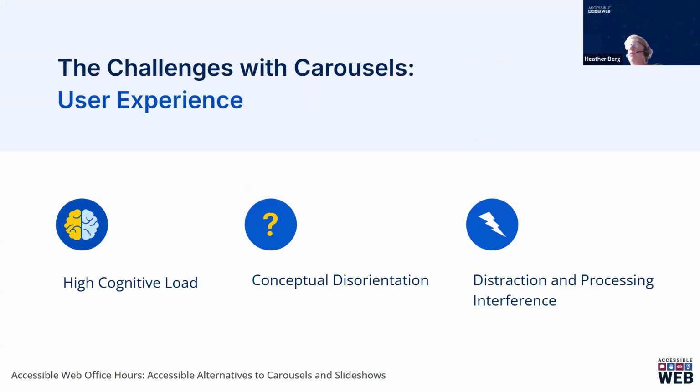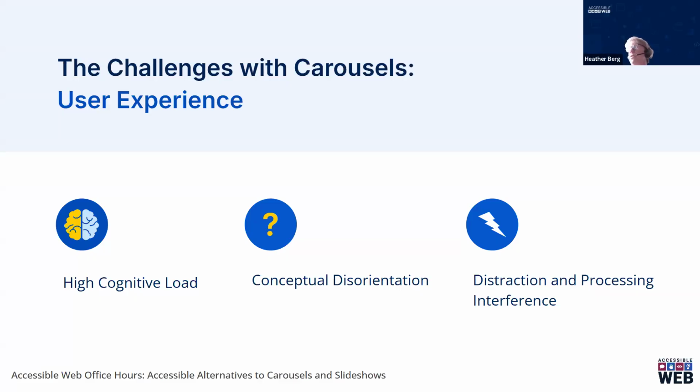And like I said, I'm going to try to tie each one of these back to one or more of those principles. So the first challenge that carousels could introduce to users is creating a high cognitive load. And so this means that managing interactive controls while simultaneously processing shifting images can create an unnecessary cognitive burden for visitors to your site.